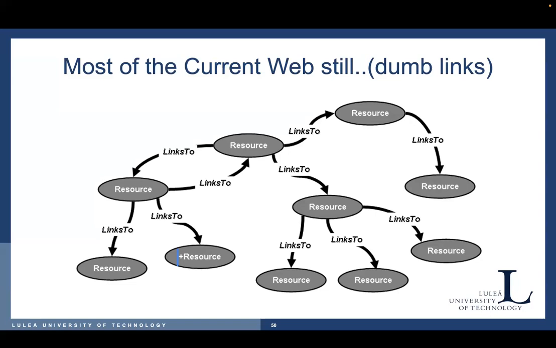The resources are now very diverse, including media and social stuff, but still we are interlinking these resources, and the task of retrieving information or navigating through this information is still outsourced to humans as intelligent beings.